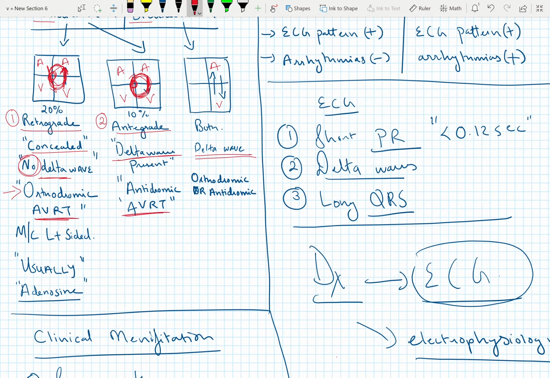So a retrograde pathway, also known as concealed, does not have delta waves and causes orthodromic AVRT. If the pathway is antegrade, it has delta waves and causes antidromic AVRT. If the pathway is bidirectional, delta waves are present, and both orthodromic and antidromic can occur. So this is simple.